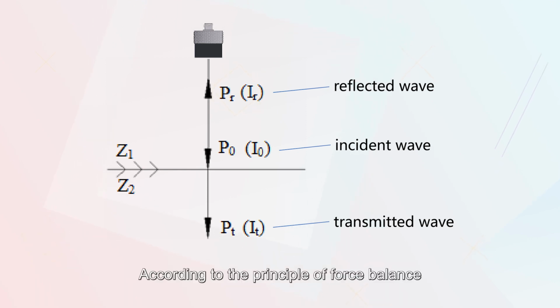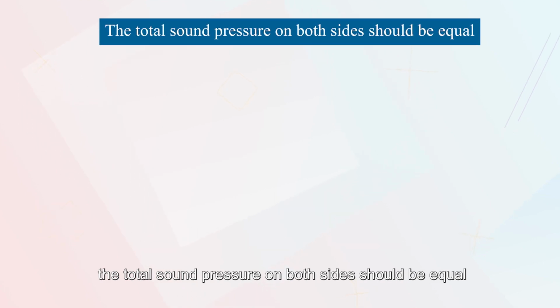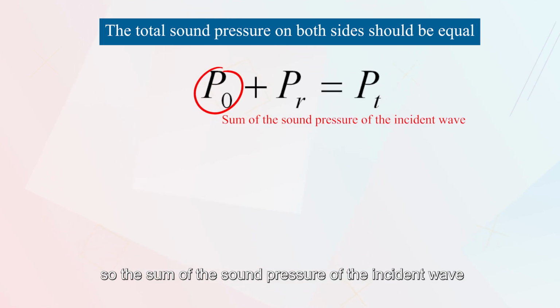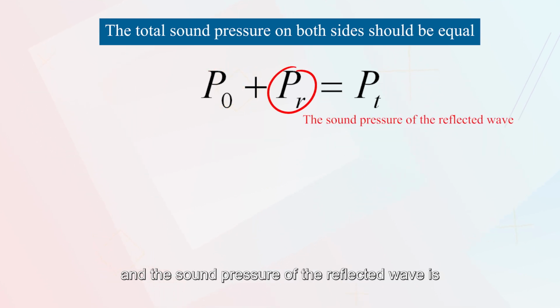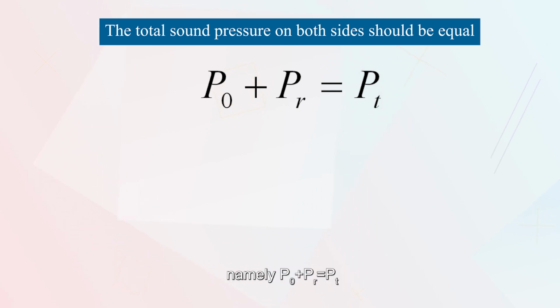According to the principle of force balance, the total sound pressure on both sides should be equal. So, the sum of the sound pressure of the incident wave and the sound pressure of the reflected wave is equal to the sound pressure of the transmitted wave, namely P0 plus PR is equal to PT.